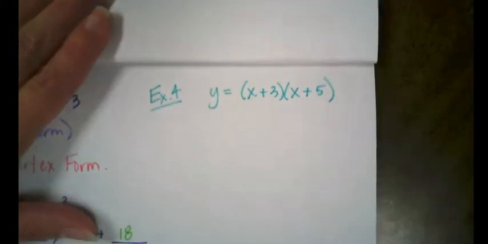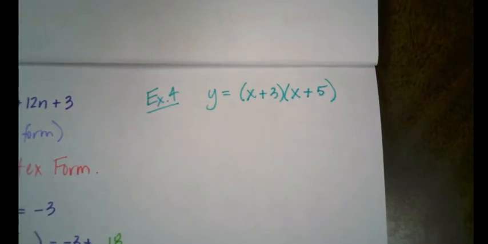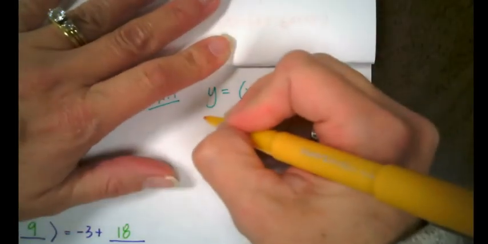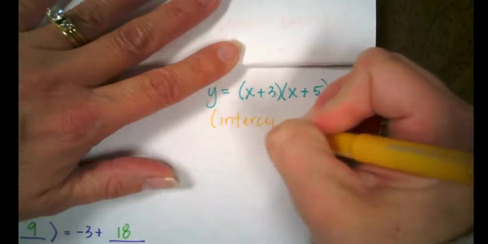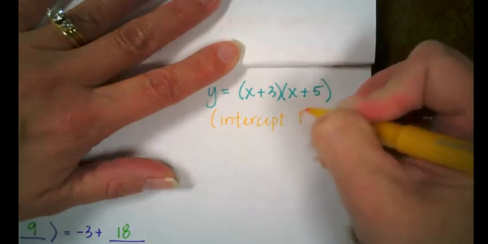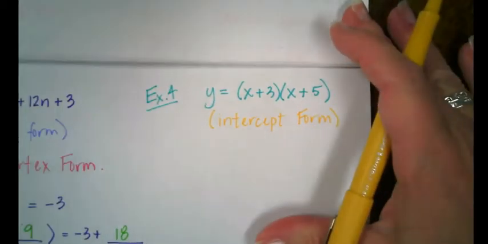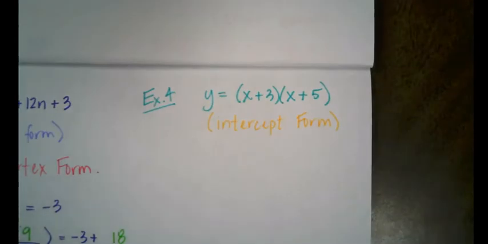The first thing I want you to do is think about what form you're starting with. We have 2 sets of parentheses. This means it's factored, so this is intercept form. Intercept form just means that our quadratic has been factored. Intercept form and factored form are basically the same thing if you want to think of it that way.